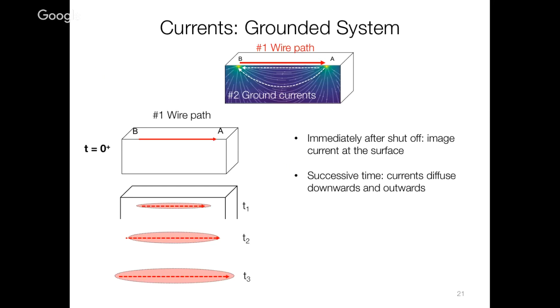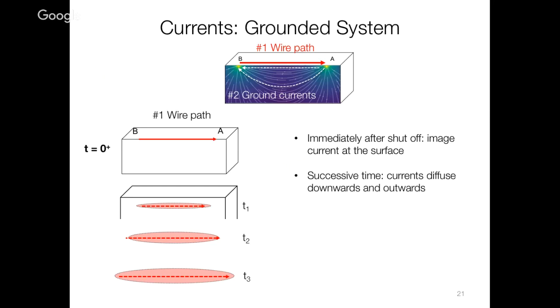Okay, what about this other stuff, all those grounded currents? What's going to happen to them? They were always going from A to B. Well, there are all these currents here. What's going to happen to them? The same thing as with the current in the wire.